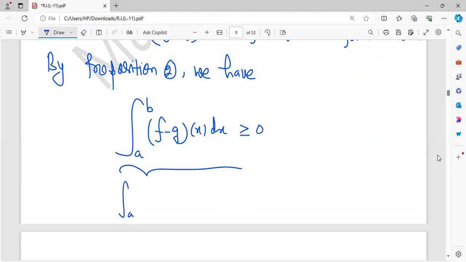The integral from a to b of f(x) dx minus the integral from a to b of g(x) dx. Okay. What is this? So let me write it properly. The integral from a to b of (f plus or minus g)(x) dx. Okay.